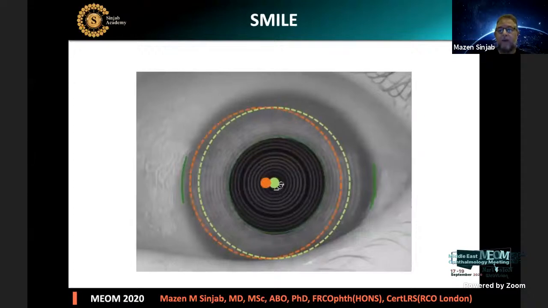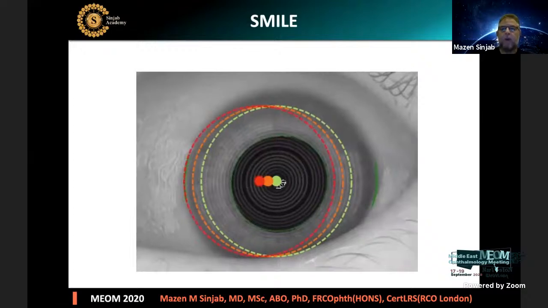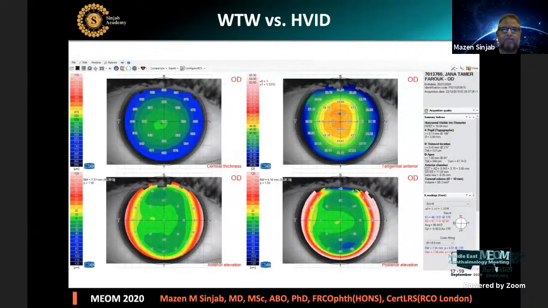If the angle kappa is relatively high, then we are approaching the limbus. And if it is very abnormal, we are cutting the limbus. And in this case, the dissection will be very difficult, and of course, there will be some complications. This is why white-to-white is very important in all types of refractive surgery, not only for lens implantation.